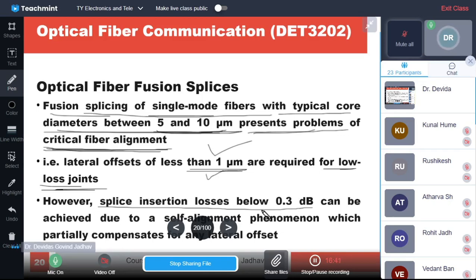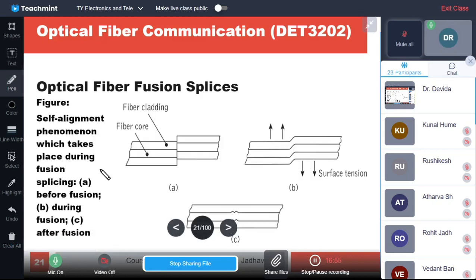However, a splice insertion loss below 0.3 dB can be achieved due to the self alignment phenomena, which partially compensates for any lateral offset. Then the fiber cladding and fiber core are shown. Here it is the core, here it is the cladding of this fiber.